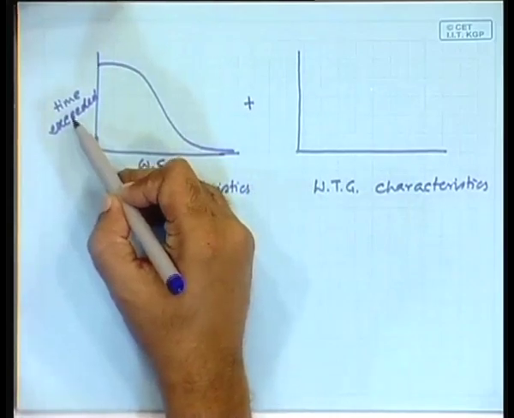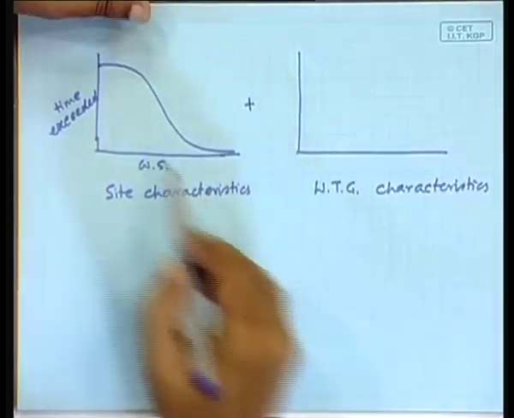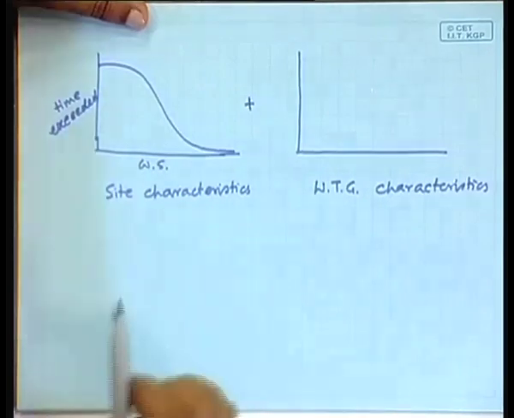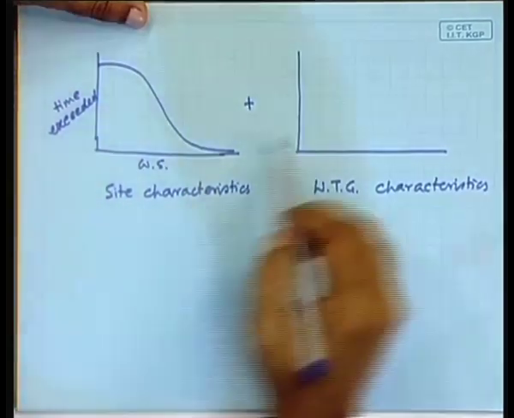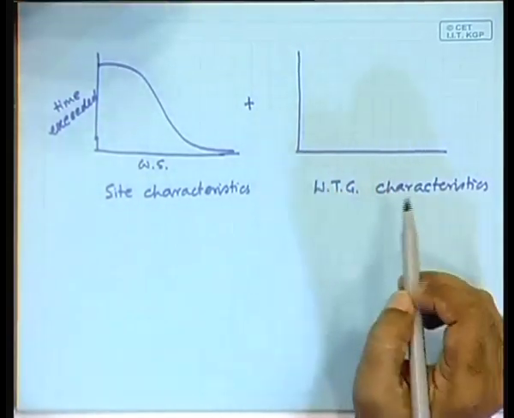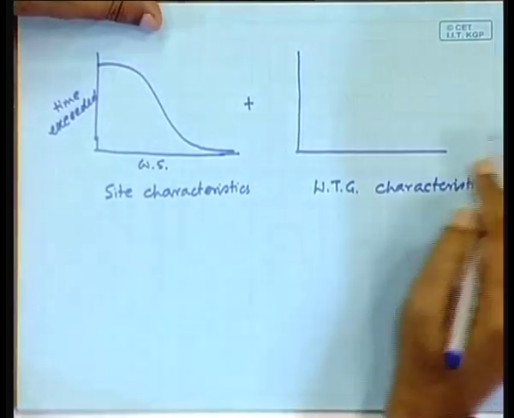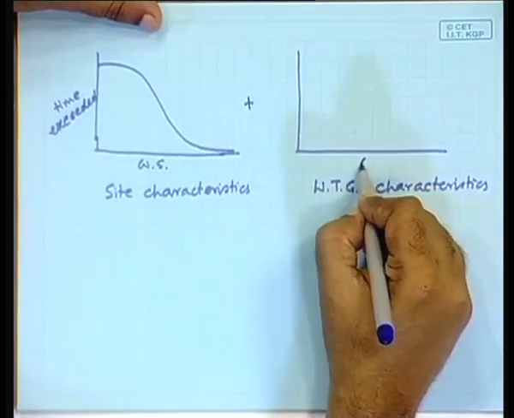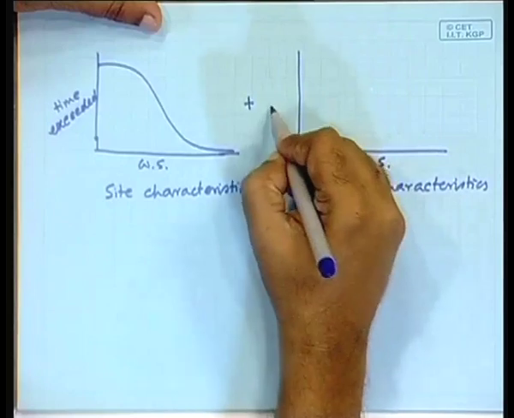So, this is the time exceeded and this is the wind speed. So, you have the duration characteristics as representing the site, and you have to have the wind turbine generator characteristic represented by the wind speed versus power.